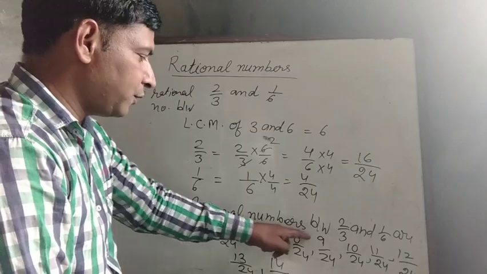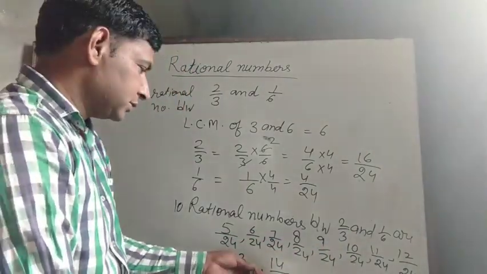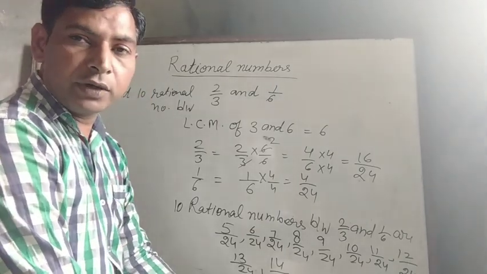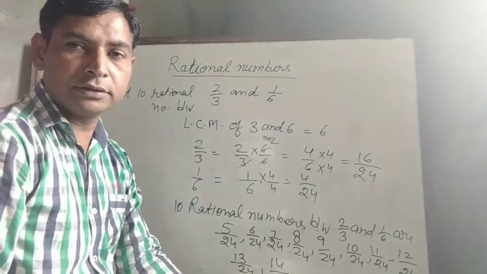Now count: 1, 2, 3, 4, 5, 6, 7, 8, 9, 10. These are the required rational numbers between 2 upon 3 and 1 upon 6. That's it.